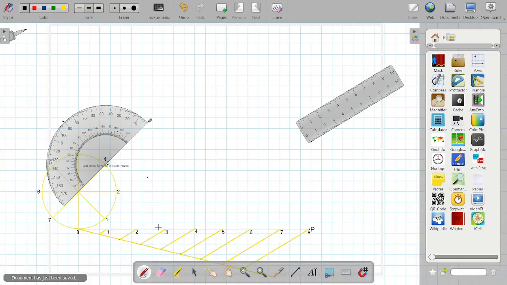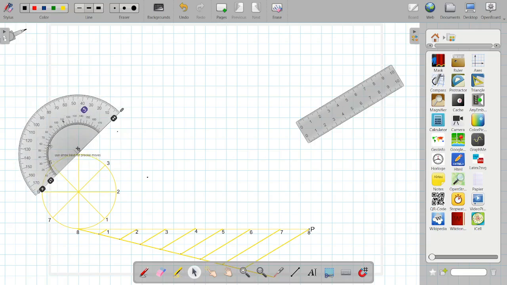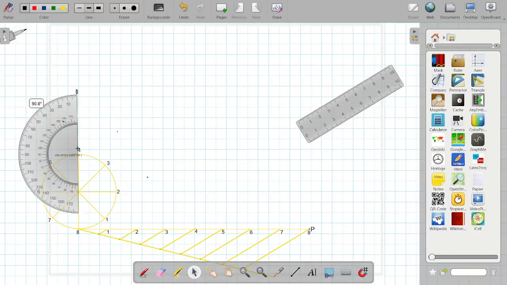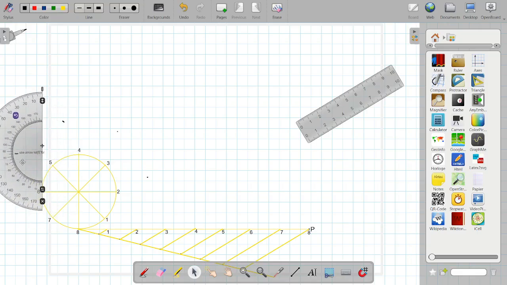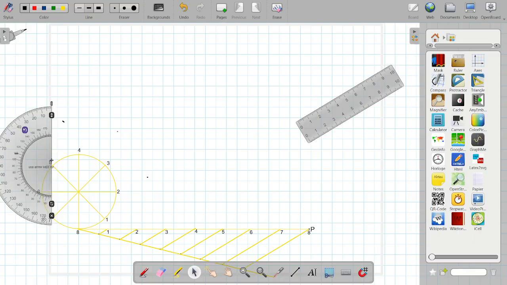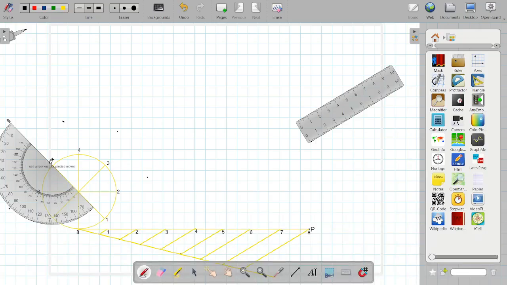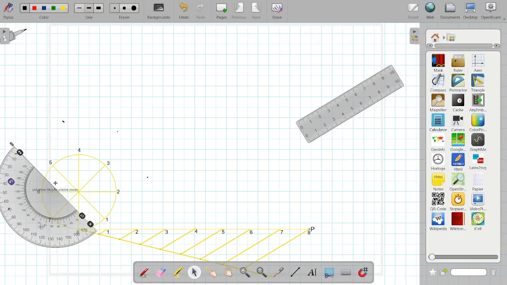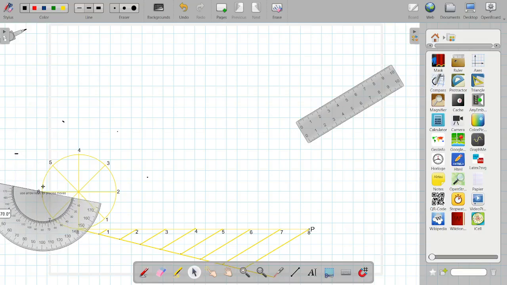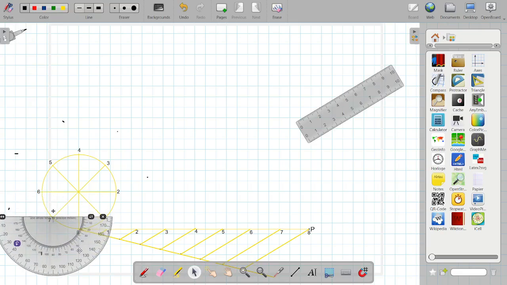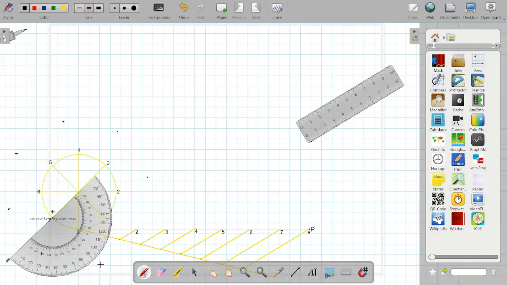Then going to point 3, then shifting to point 4, then point 5, then point 6, then point 7, and then finally point 8.